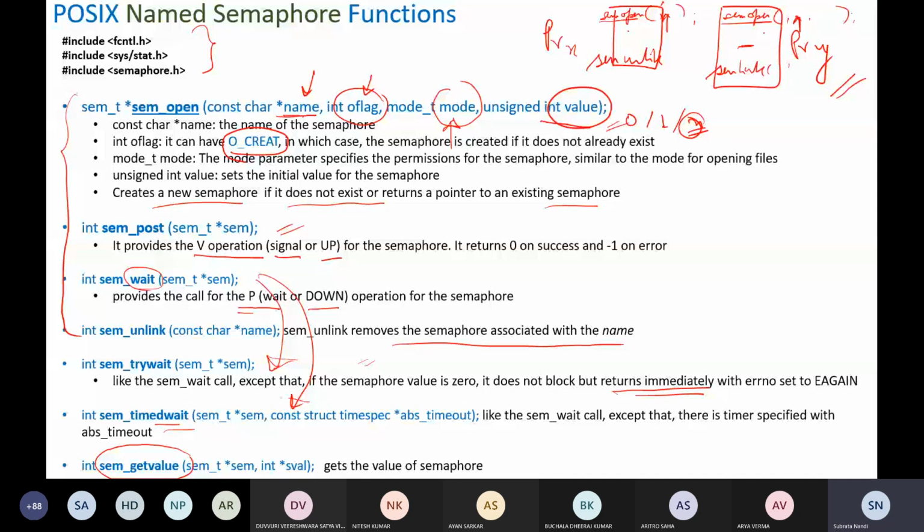Getting the value gives you an idea of the number of resource units that are available, but that does not mean that after getting the value, before you make some change, somebody else would not have executed a post or a wait and changed the value. But this gives you an idea of how many units are available. So the first 4 functions are the useful ones, but the rest of the 3 are also sometimes used.